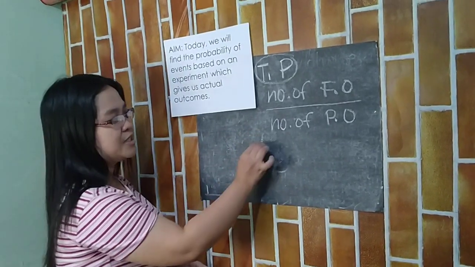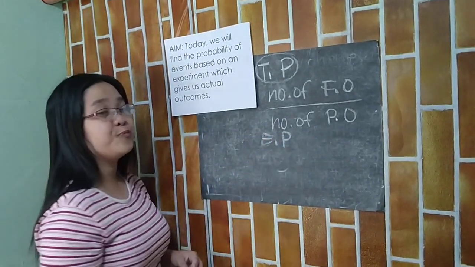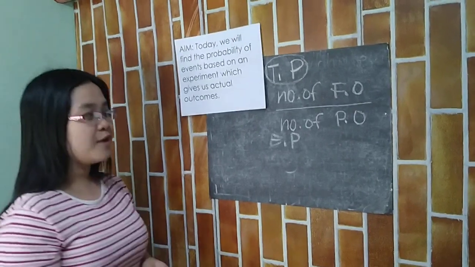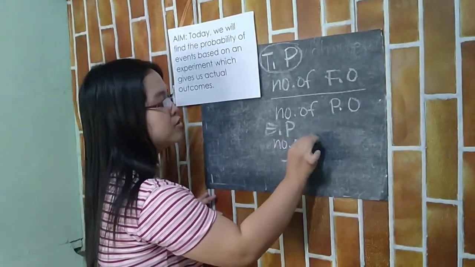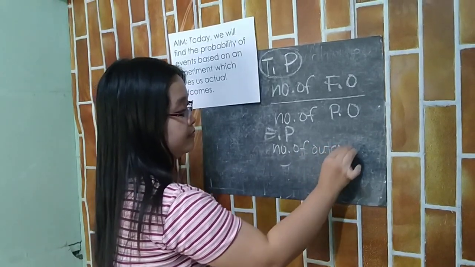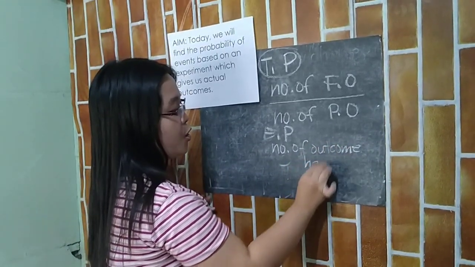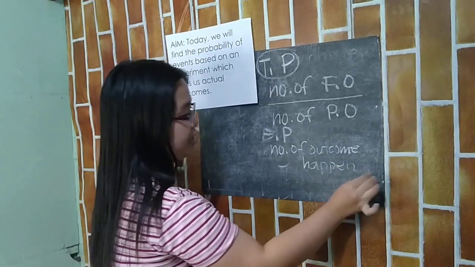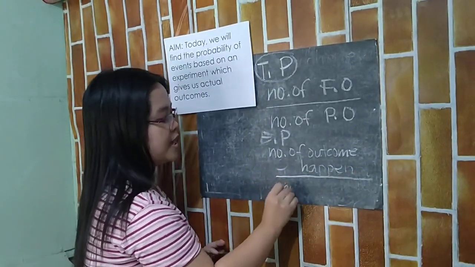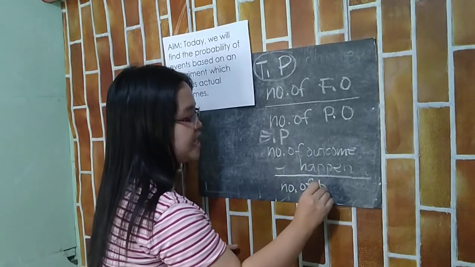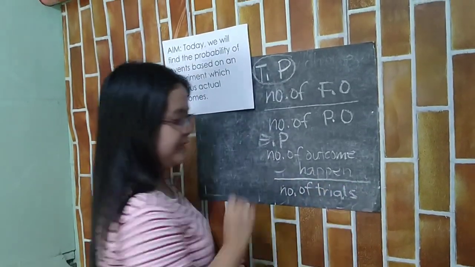And if you are asked to get the experimental probability, you have to follow the formula: number of outcome happen, or how many times it will appear in our experiment, over the number of trials that you did.